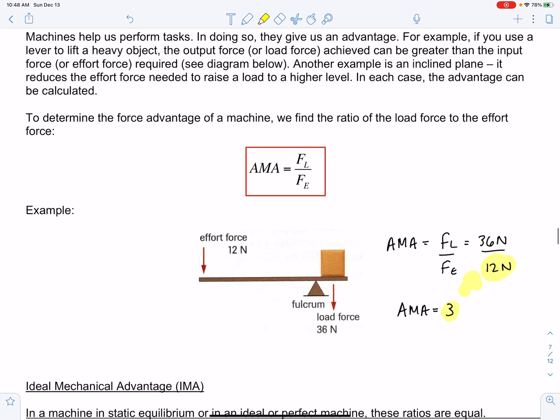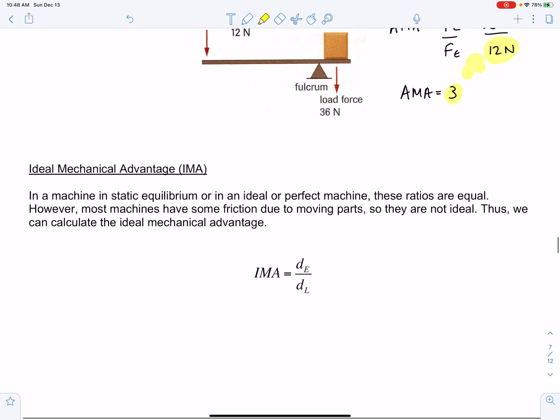Now, the ideal mechanical advantage is another quantity used to assess the efficiency and advantage of machines. In a machine in static equilibrium, or in an ideal or perfect machine, these ratios are equal. However, most machines have some friction due to moving parts, so they're not ideal.